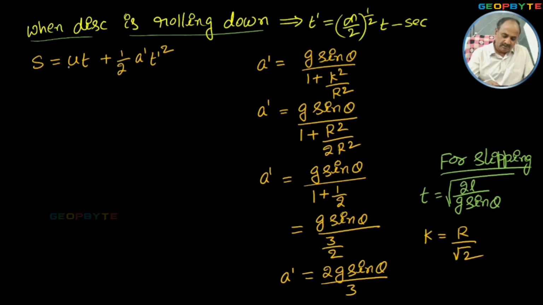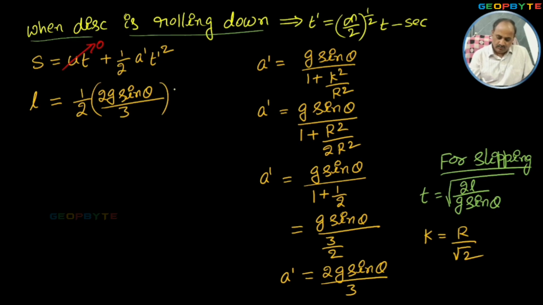Since the disk is starting from rest, u is 0, and the distance traveled is nothing but the length of the plane only. The length of the plane remains the same whether the disk is slipping or rolling. L equal to half into a dash. Look at a dash, 2g sin theta by 3, into t dash square.